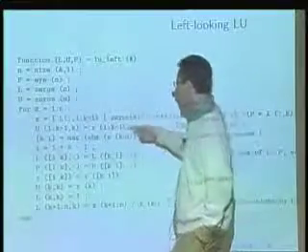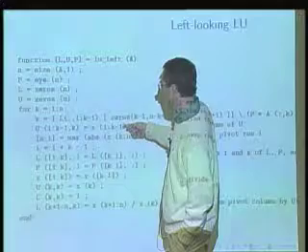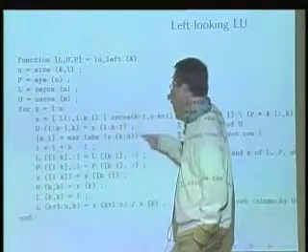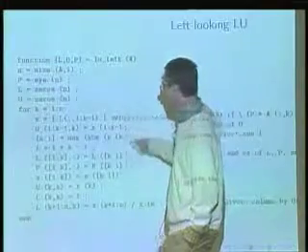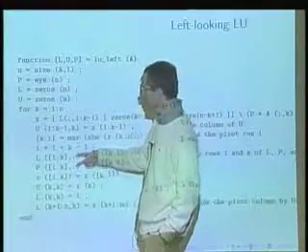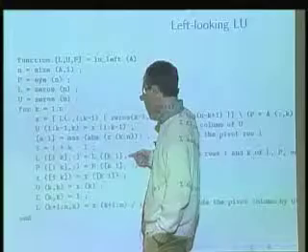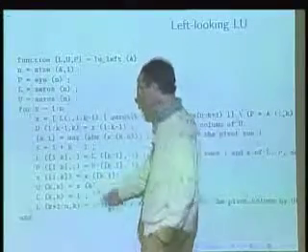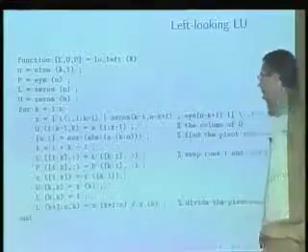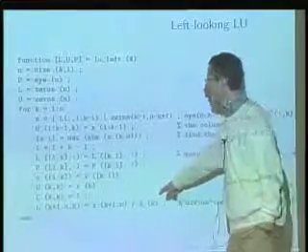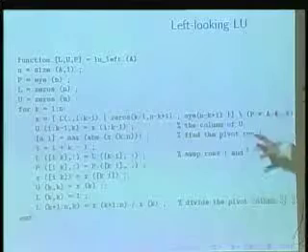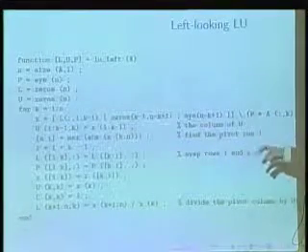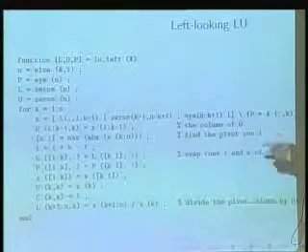Then the x1 vector becomes the kth column of U. We can do the permutation and then find the pivot row and then physically do the swap, actually move the data in the L matrix and in the X matrix, and then the X vector becomes the kth column of L once we divide by the pivot. So this is a rough prototype of the numerics of the code, with one exception.